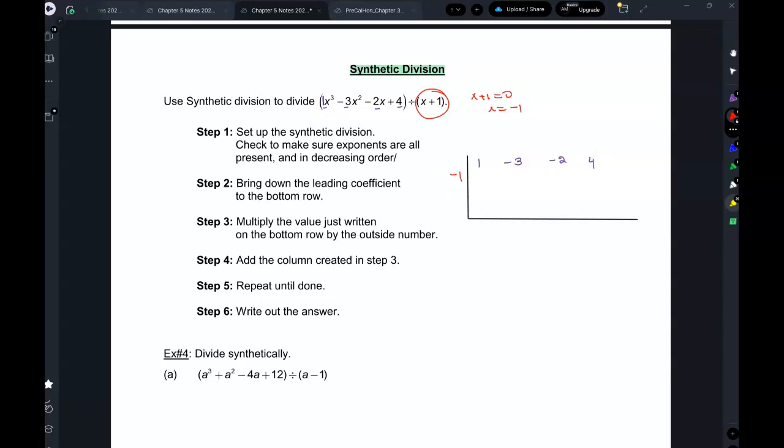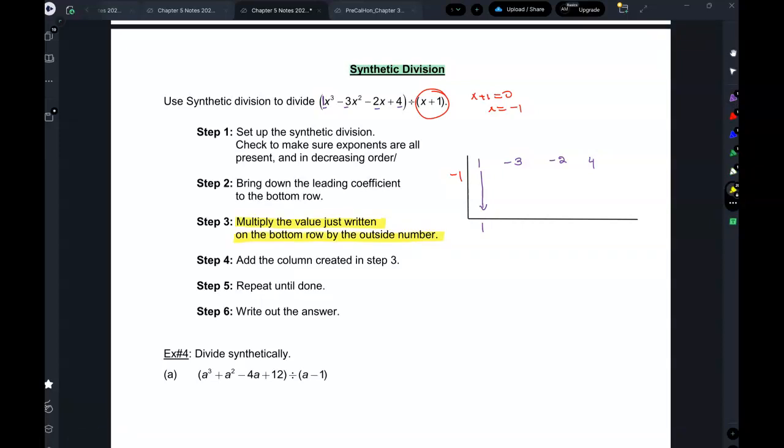Okay? So what we did right now is we set up the synthetic division. Next, step 2: bring down the leading coefficient to the bottom row. That just drops down for free. Now, step 3: multiply the value just written on the bottom by the outside number.